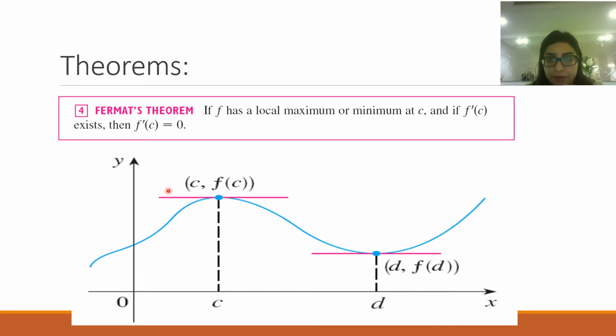Then the derivative will be equal to 0 if it exists. So if there is a derivative, you remember derivative is the slope or the tangent drawn, and it will be equal to 0 because it's going to be horizontal. The same here, if this is a local minimum, it's going to be the same.